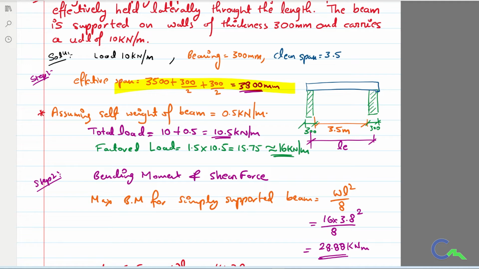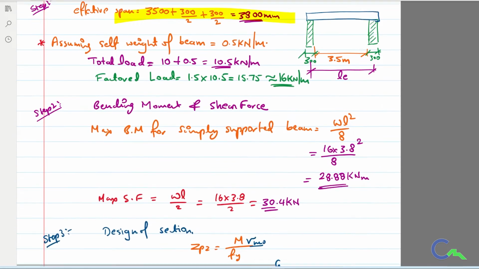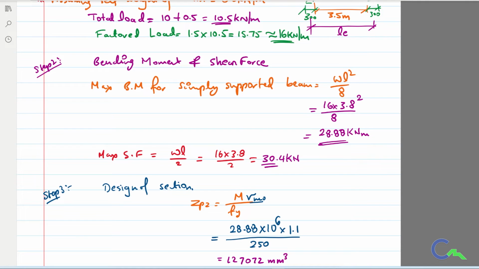As I said, if it is not given in the question, we have to assume it from 0.5 kilonewton to 0.8 kilonewton per meter. Therefore the total load here is 10.5 kilonewton per meter. I have to make it a factored load, so I will get around 15.75. I will make it 16 kilonewton per meter, since it is a design, I will increase it a little.